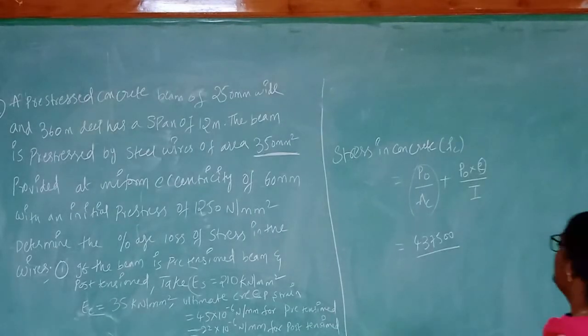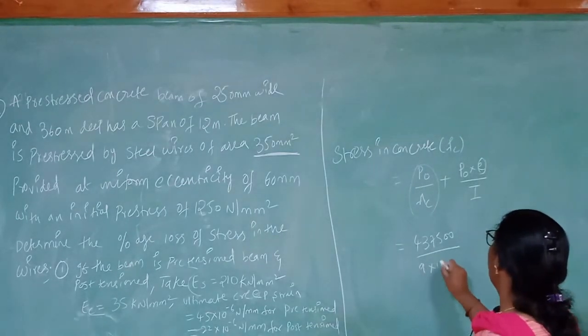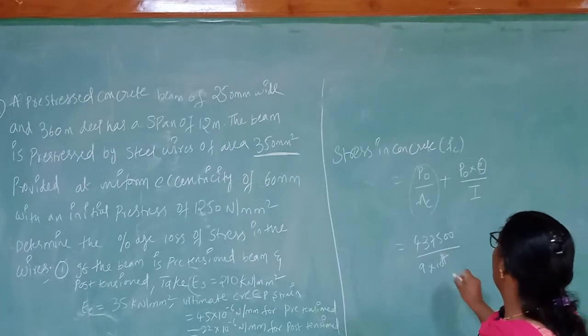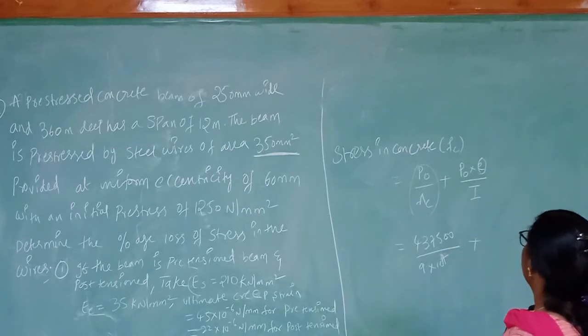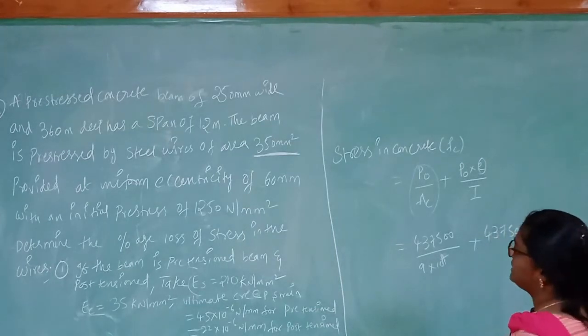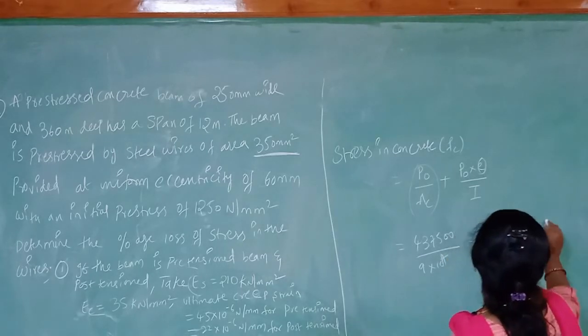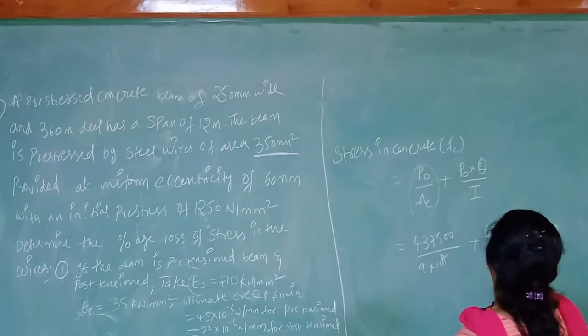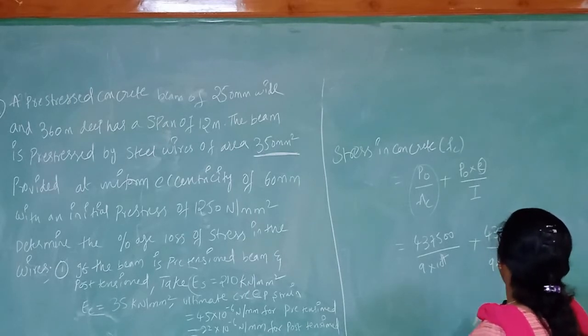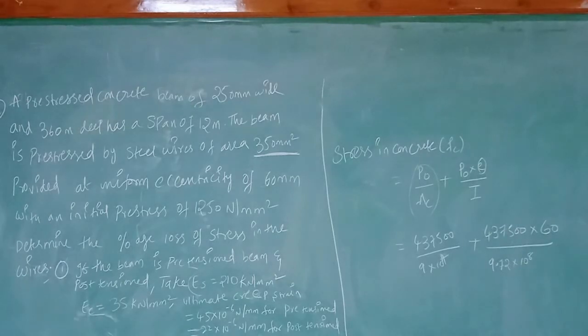You have got 9 into 10 to the power 4, plus 437500 into the eccentricity 60 by 9.72 into 10 to the power 8. Please calculate this one.